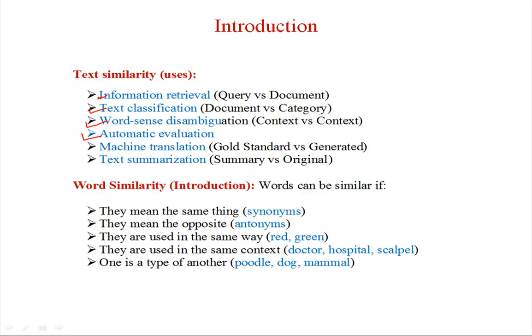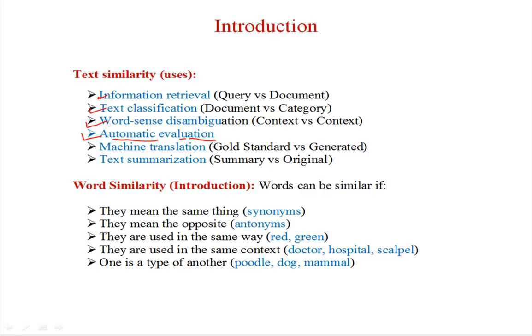Text classification: here we can use the similarity measures to check whether documents are suitable for any category or not. And word sense disambiguation: whether a given word fits a certain context or not. Automatic evaluation: we can use semantic similarity for automatic evaluation of summaries.